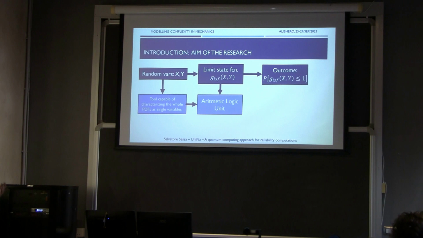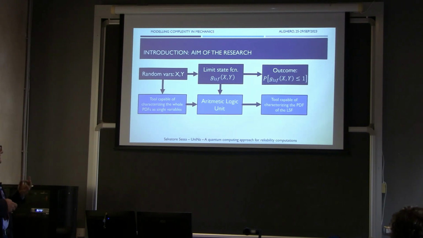Then such an informatical tool can be used into some kind of arithmetic logic unit in order to get an analogous object as a final outcome of the computation that does the opposite. So it characterizes the probability density function of the limit state function so that we can get the probability of interest.